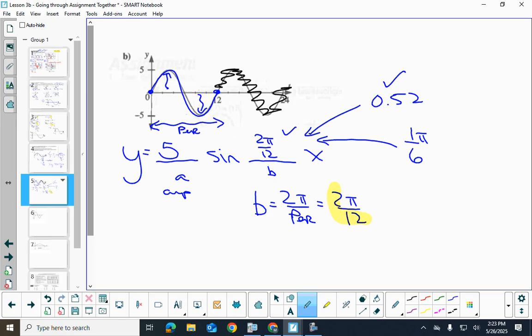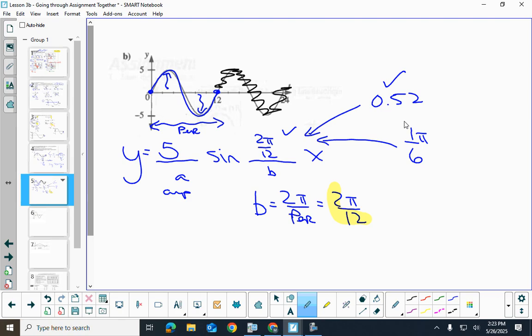So the answer could be written as 5 sine 2 pi over 12x, 5 sine 0.52x, 5 sine 1 pi over 6x. They're all right. You do you.